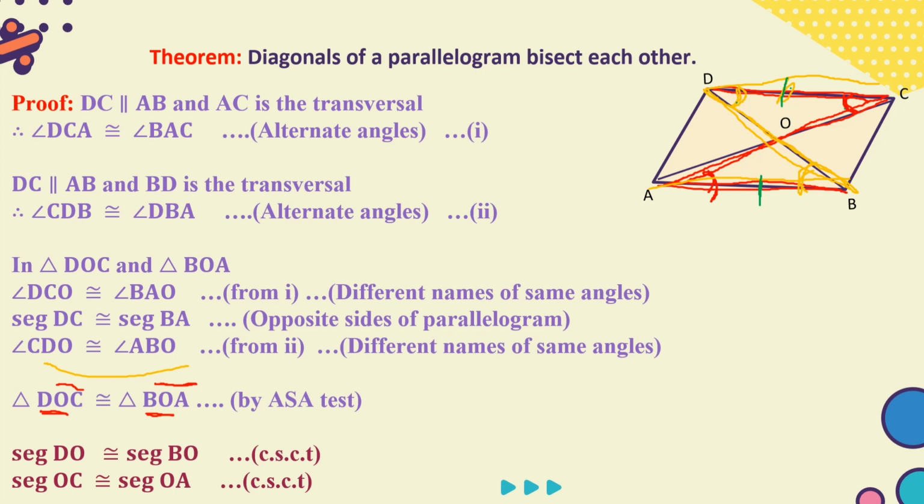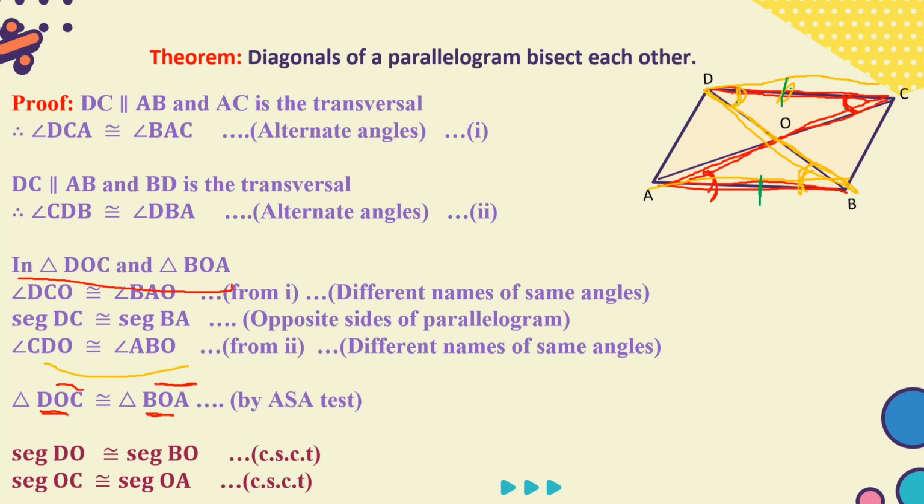parallelogram, and we have to show that OD is congruent to OB and AO is congruent to OC. So here we are considering two triangles, triangle DOC and triangle BOA. Two angles we are getting by alternate angles, and one is a common side, opposite sides of a parallelogram.